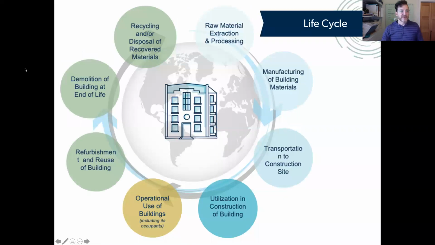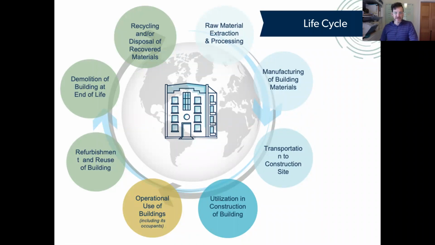The way in to figuring out how you think about the global warming impact of buildings is through life cycle analysis, and we look at a whole bunch of different phases in life cycle analysis.